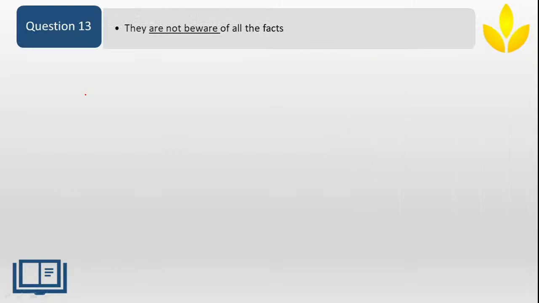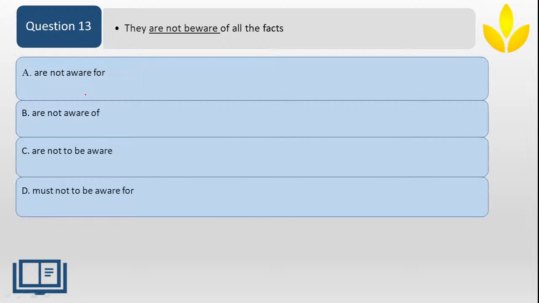Question number 13. In this question, you have to answer the difference between beware and aware. If you know the difference, you can easily answer the question here. I'll give you 30 seconds so that you can go through and answer. For example, if you see a nameplate in front of the gate, they would have said "beware of the dog."